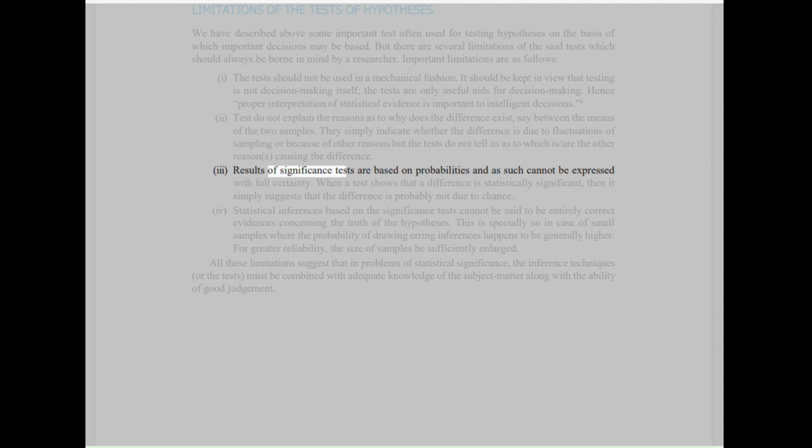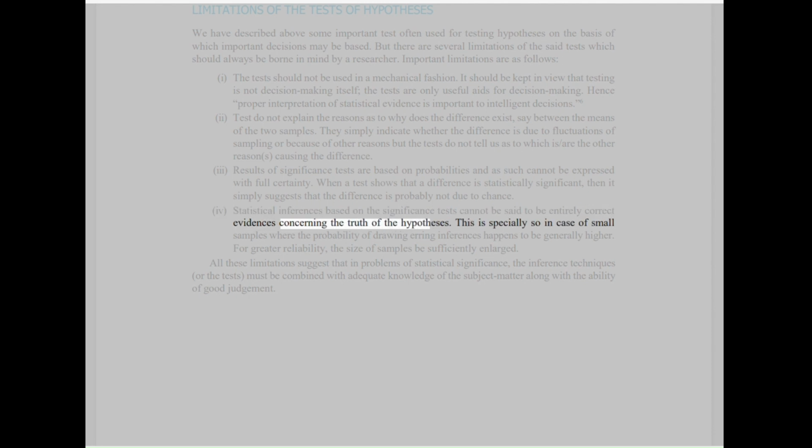Results of significance tests are based on probabilities and as such cannot be expressed with full certainty. When a test shows that a difference is statistically significant, then it simply suggests that the difference is probably not due to chance.